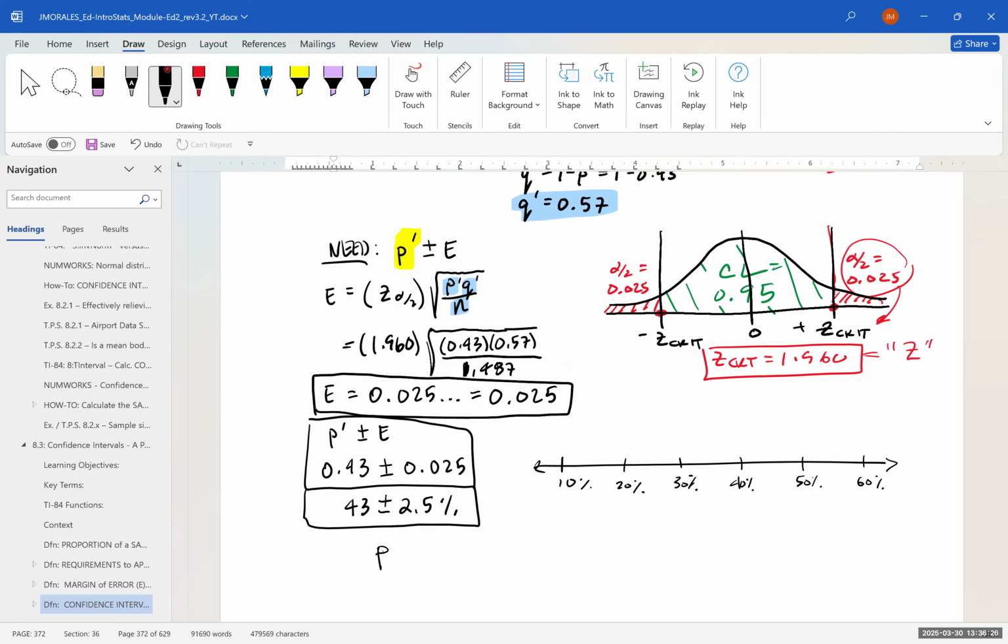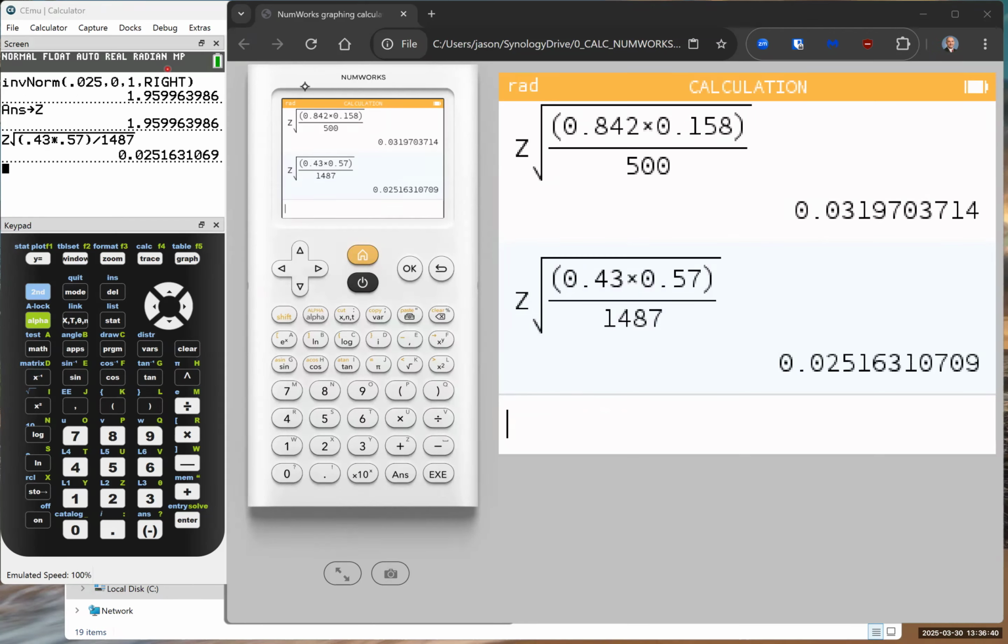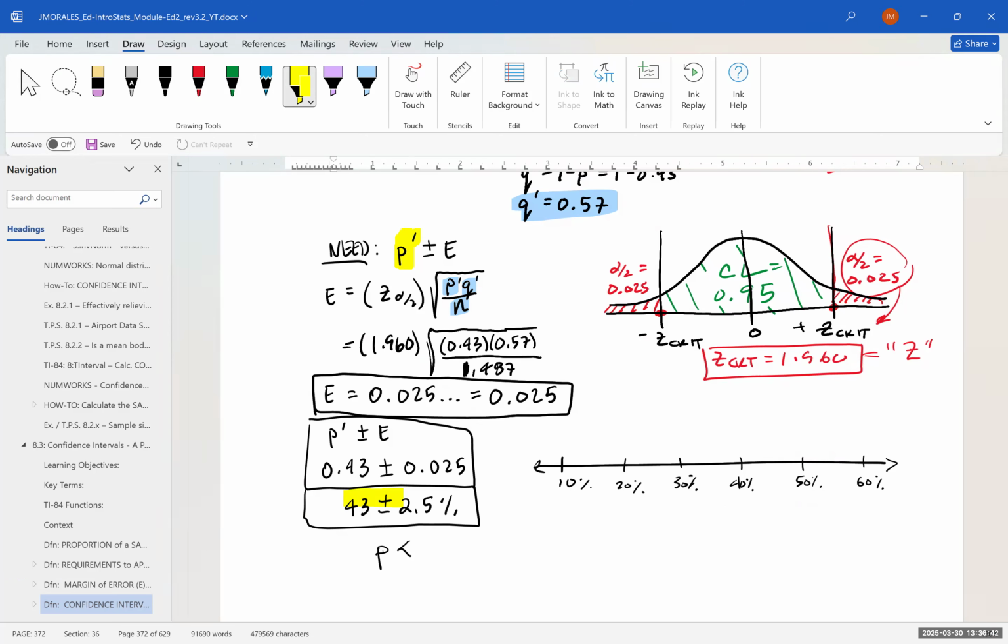Well, our population proportion looks like it's going to be between 43 plus 2.5, which is going to be what? 45.5.